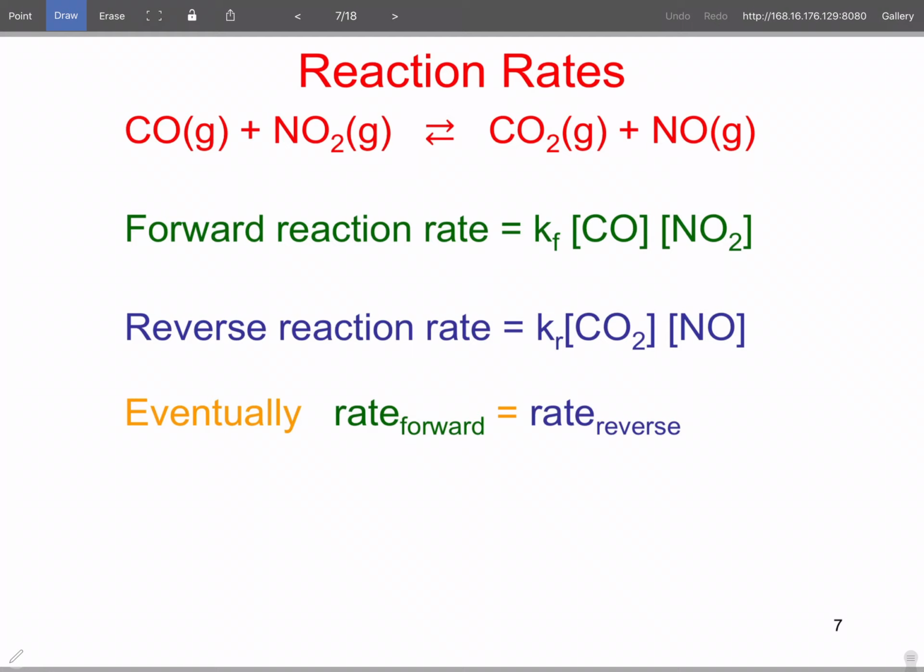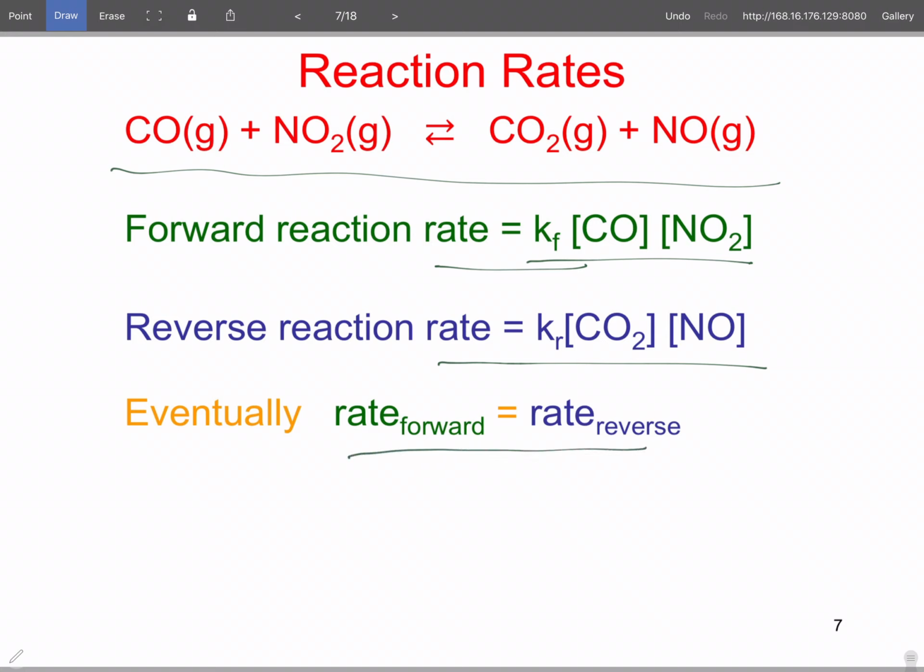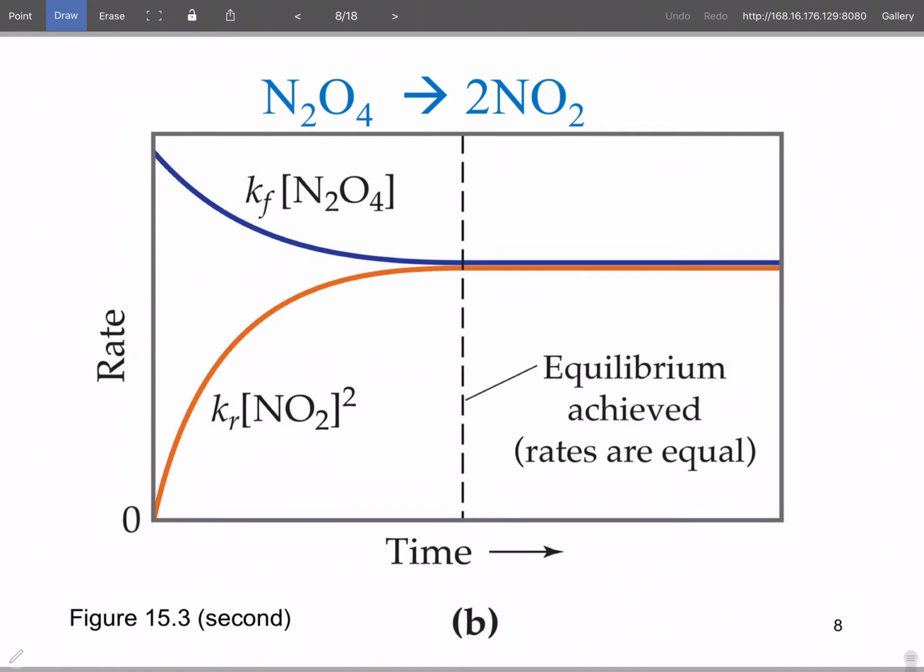Okay, so we talked about the fact that he had given an equation, and this is all 1-to-1. The forward reaction would be this rate law. The reverse reaction is this rate law. We know that rate forward equals rate reverse. So let's take it a step farther and do the math.